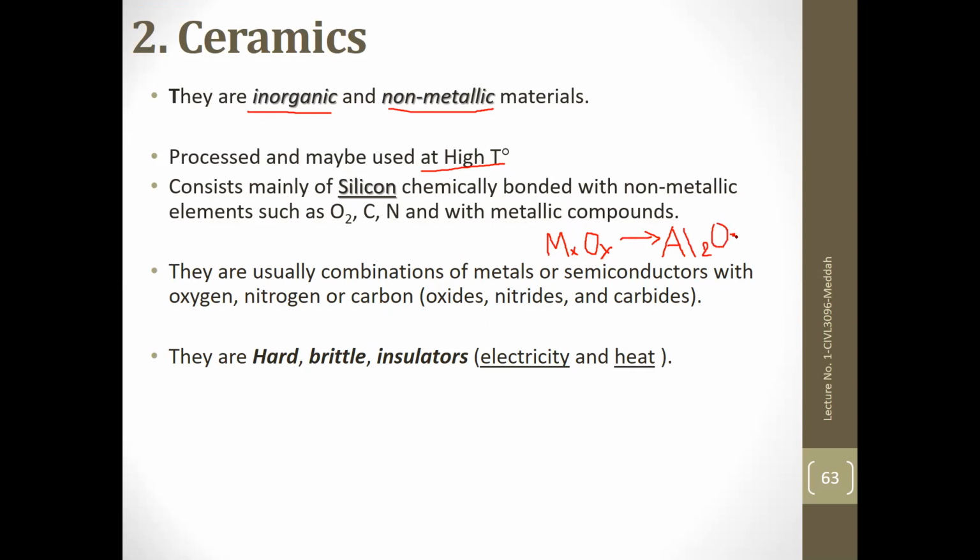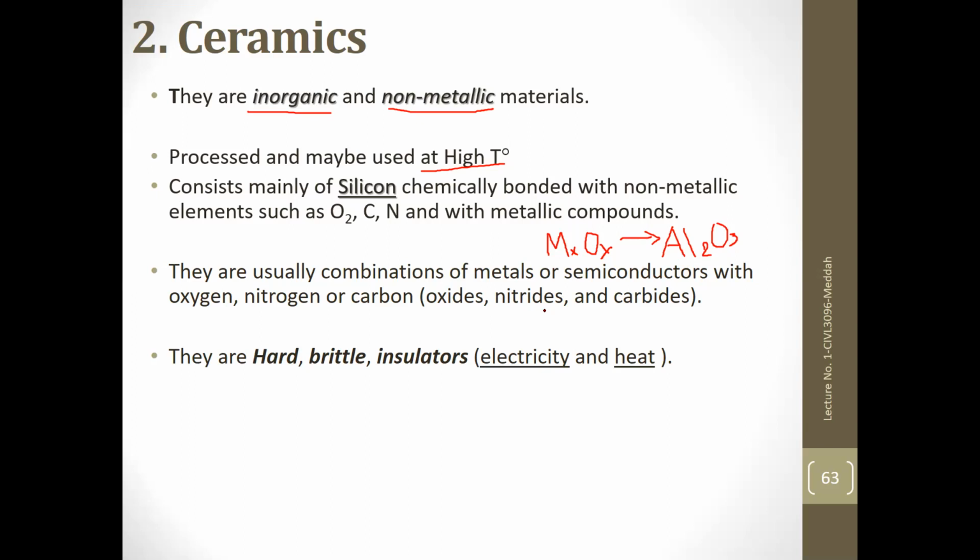Al2O3. Now it is formed as a ceramic material. Combining aluminum, which is a metal, and oxygen, we form a new material, which is called aluminum oxide. And you can think about calcium oxide, about silicon dioxide.